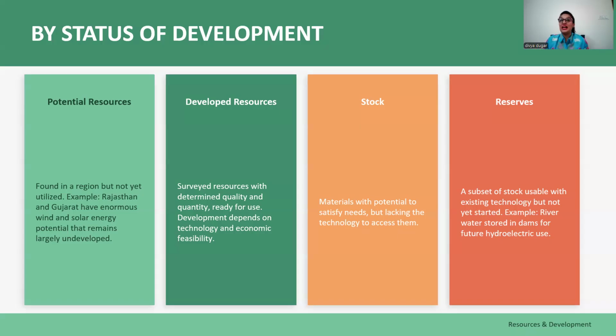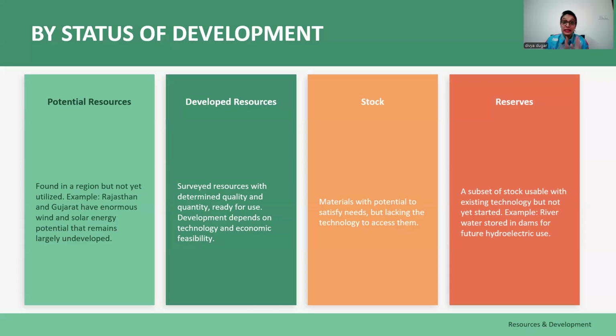For example, Rajasthan and Gujarat have enormous prospects of wind and solar energy, but they are not utilized to the fullest. That is why they are called potential resources.